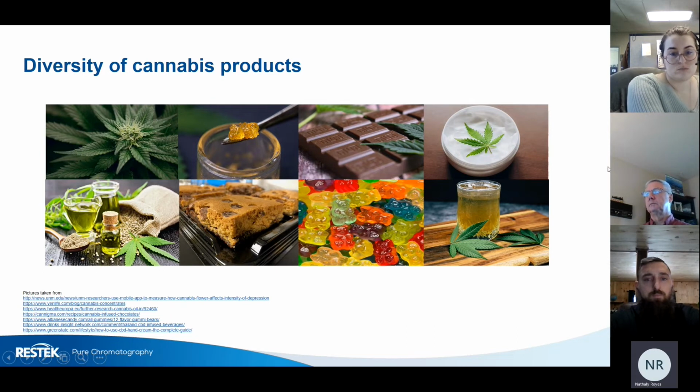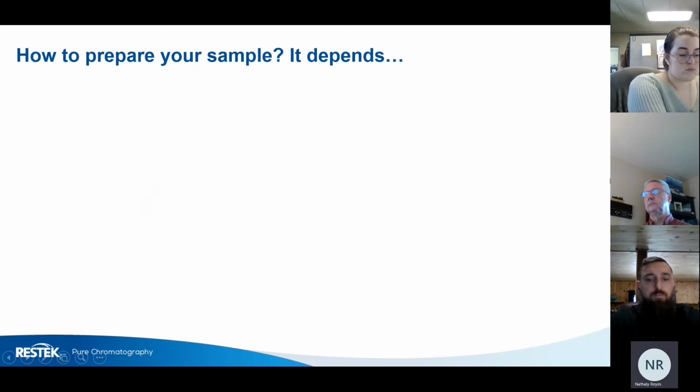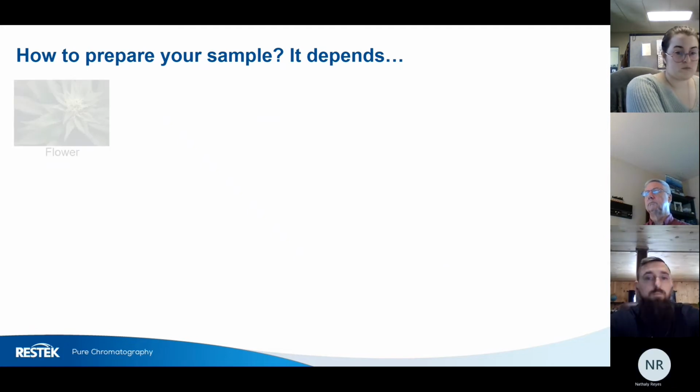So finding the appropriate sample preparation method for each of the matrices we have to analyze is very critical. So the first question is how to prepare your sample. Well, it depends on the sample you are trying to analyze.